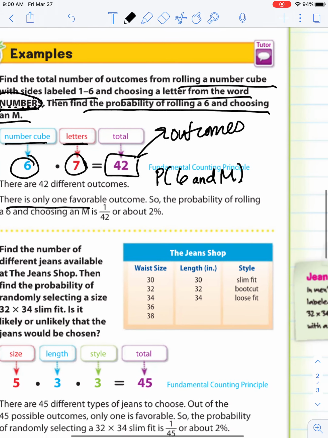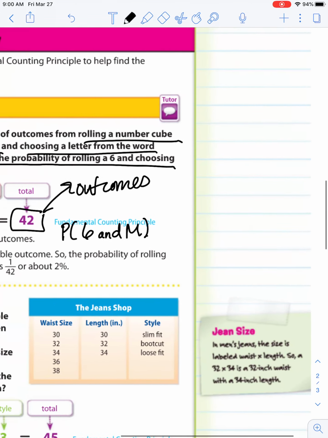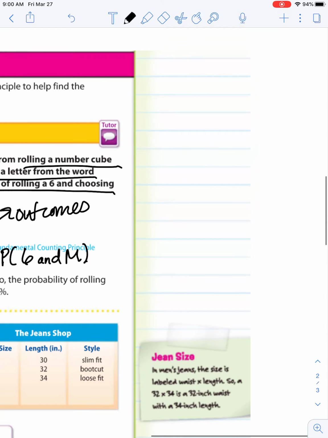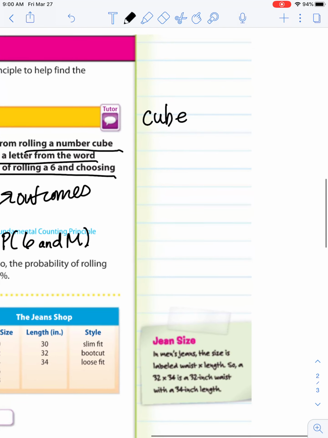One way that I like to look at this is, I'm going to move it over here. So this is on your cube, and this was the letters. And on the cube, we want to land on 6, and on the letters, we want to choose M.